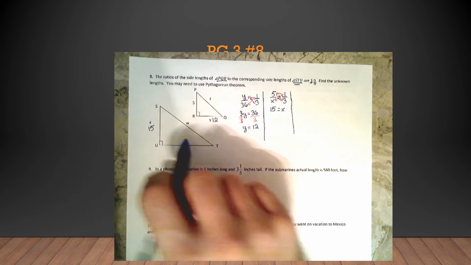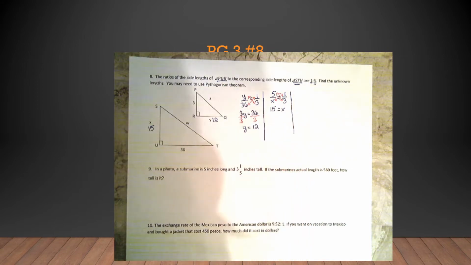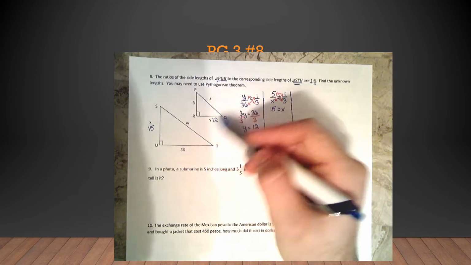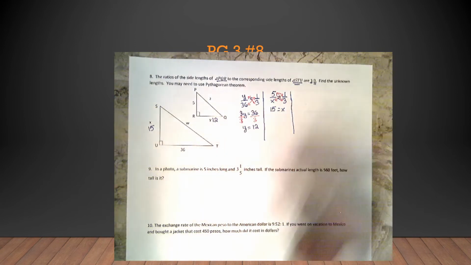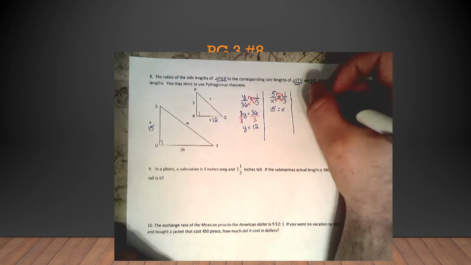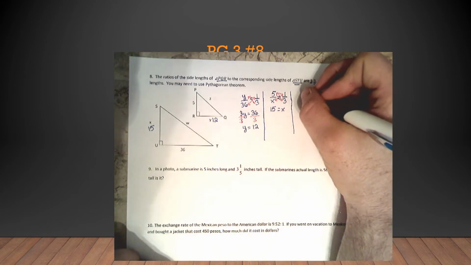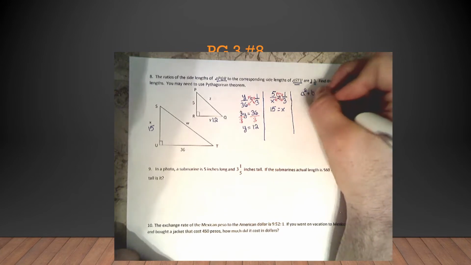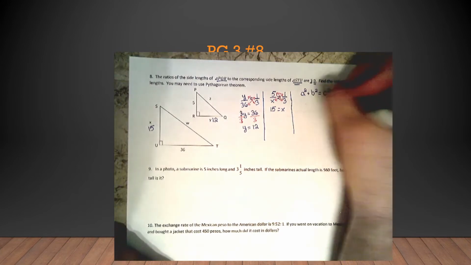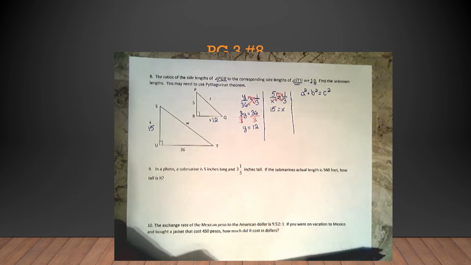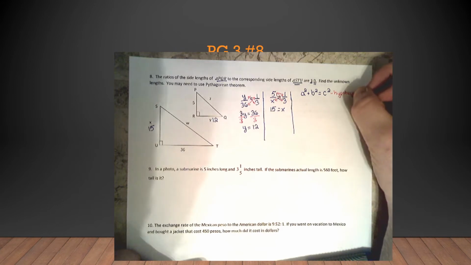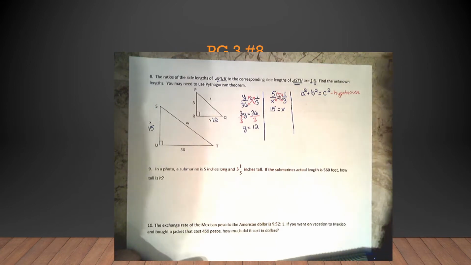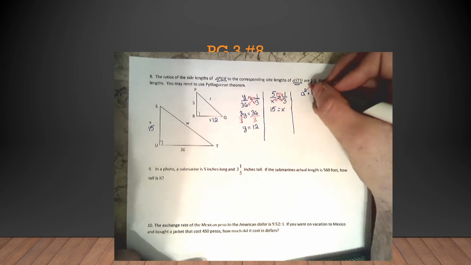So this is where they're saying you may need to use the Pythagorean theorem. I'm going to choose this triangle to apply the Pythagorean theorem to. I could have done the other one, it does not matter. If you don't remember what the Pythagorean theorem is, that is a squared plus b squared equals c squared, where c is the hypotenuse, the longest side in the right triangle, and a and b are the legs.